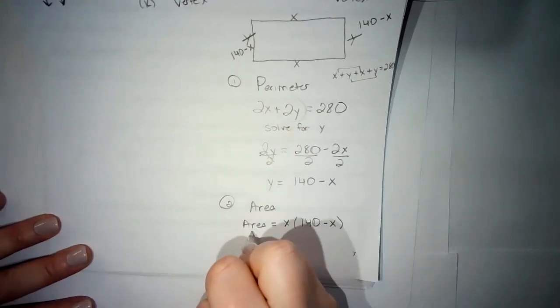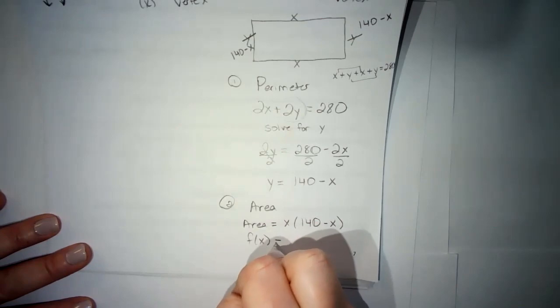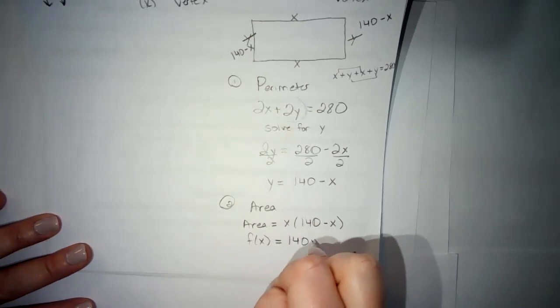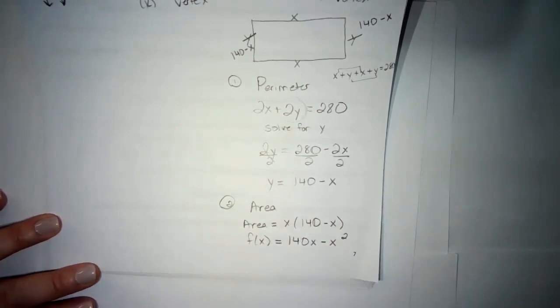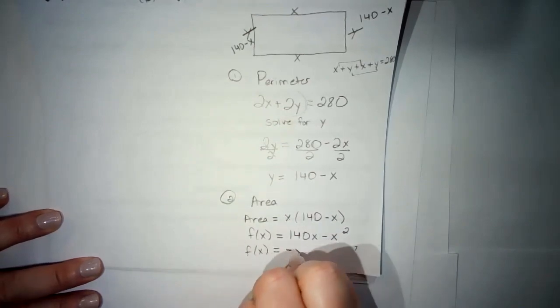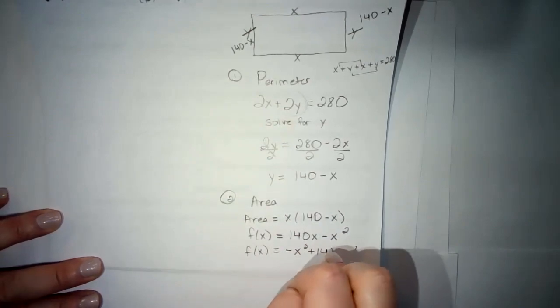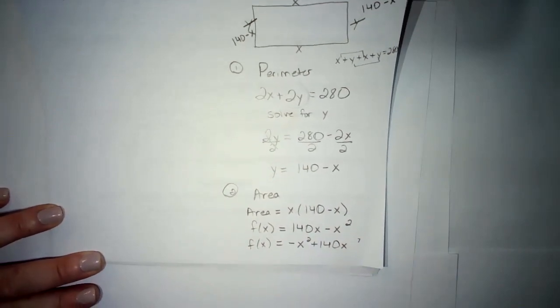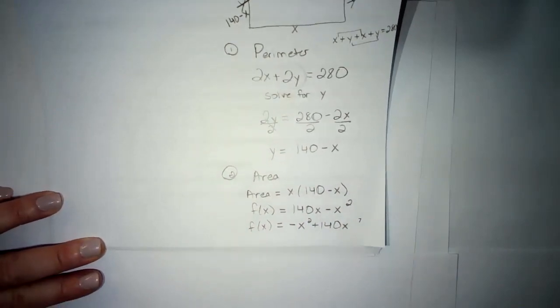And this is going to give us a nice little equation of 140X minus X squared. I can always write that as negative X squared plus 140X. There's the equation for the parabola. It's got the X squared term. We know we're maximizing because our A is negative. We're good to go.